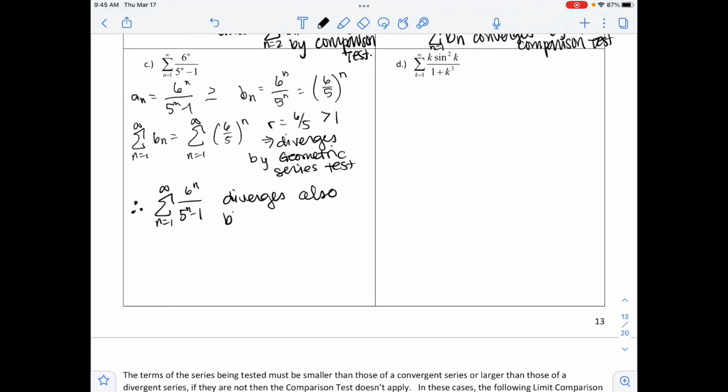And this is because a sub n is greater than or equal to b sub n, and our series from n equals 1 to infinity of b sub n diverges. And this is by the comparison theorem.